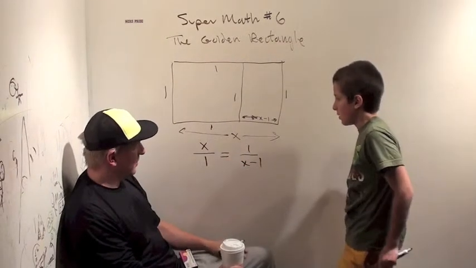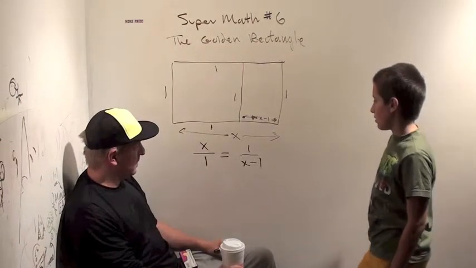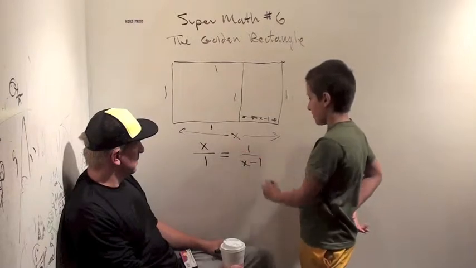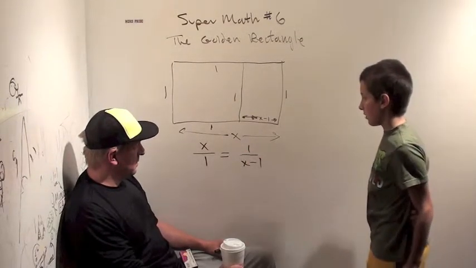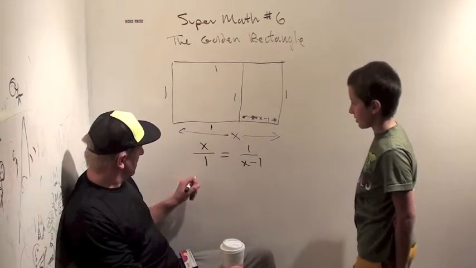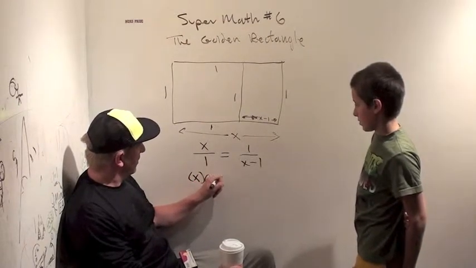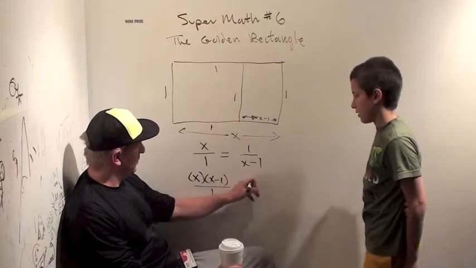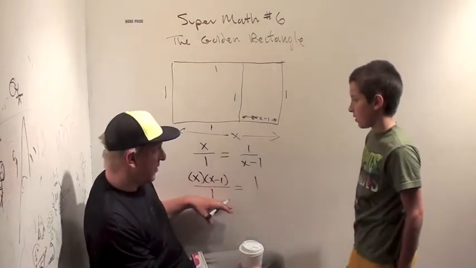How can we solve for what x is here? Well, it says x equals 1 over x minus 1. So we could multiply by x minus 1 on both sides. That tells us x times x minus 1 equals 1, or in other words, x squared minus x equals 1, because the dividing by 1 doesn't do anything.